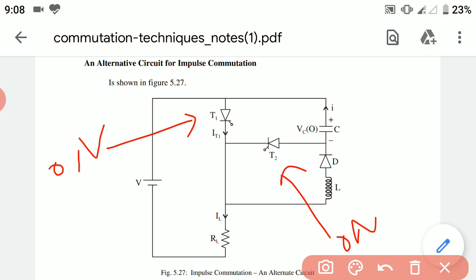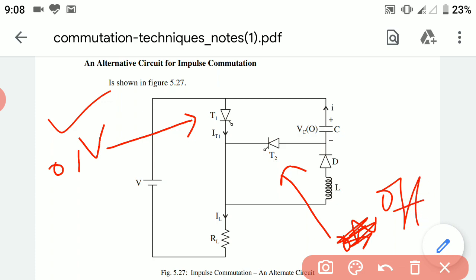Both these thyristors never conduct simultaneously, neither do they turn off simultaneously. That is, either thyristor T1 is turned on and at that time thyristor T2 is off, that is non-conductive.